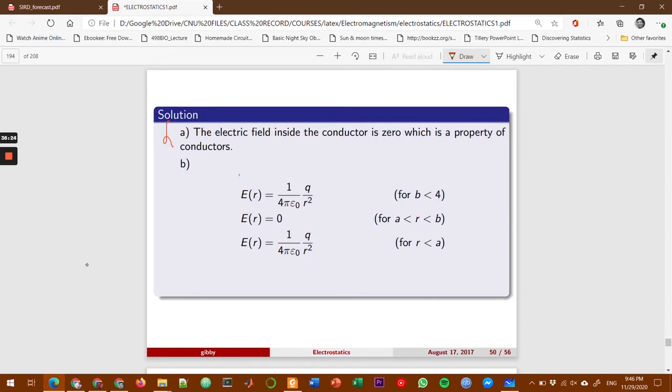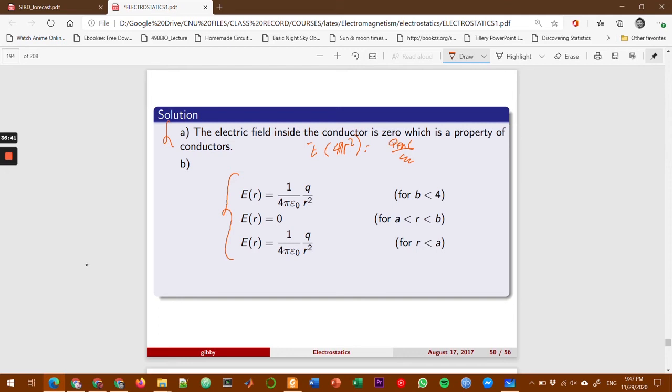Then we have the electric field for the following regions. By virtue of Gauss's law, we have E times 4 pi r squared equals Q enclosed over epsilon naught.